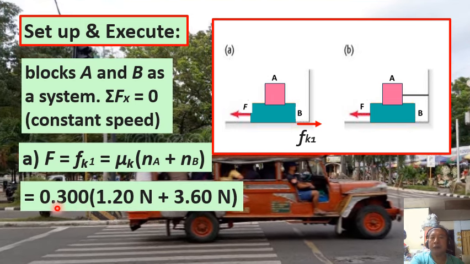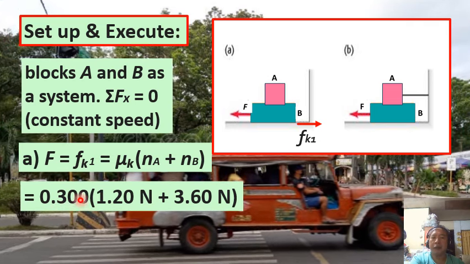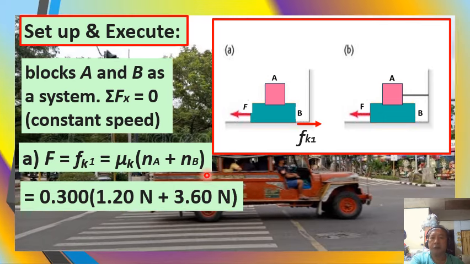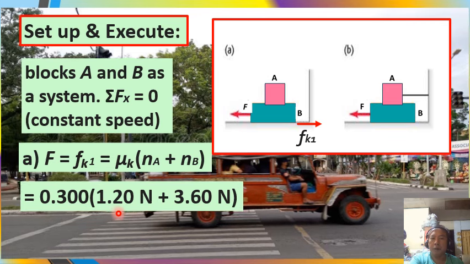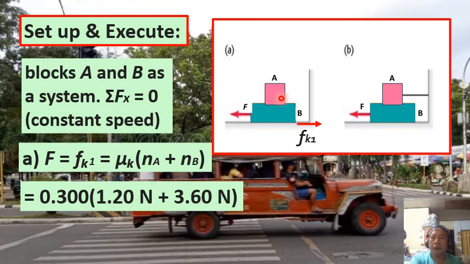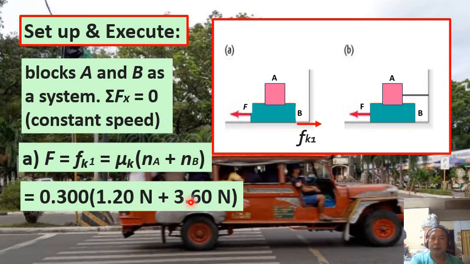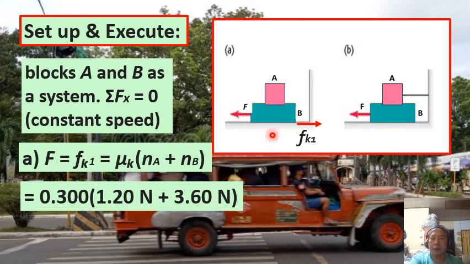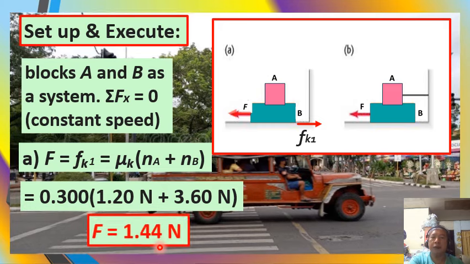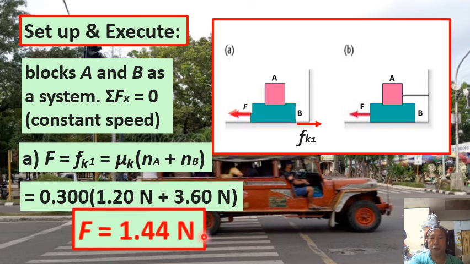So that is equal to 0.300, multiplied by the sum of the weights of the two blocks: 1.20 newtons is the weight of block A, while 3.60 is the weight of block B. When we do our math, we arrive at the applied force F equal to 1.44 newtons.